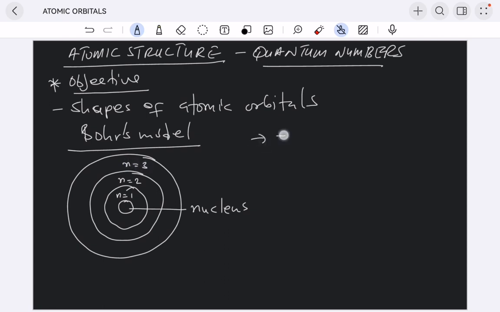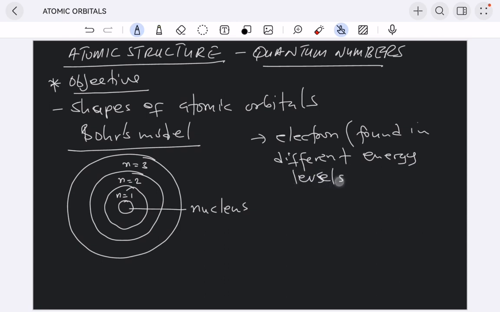So each electron will be found in different energy levels, which are also known as shells.